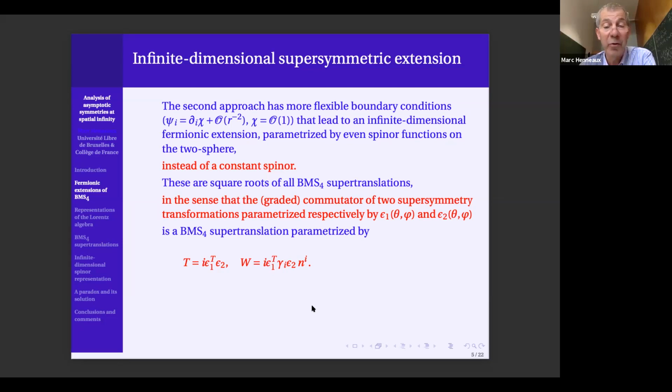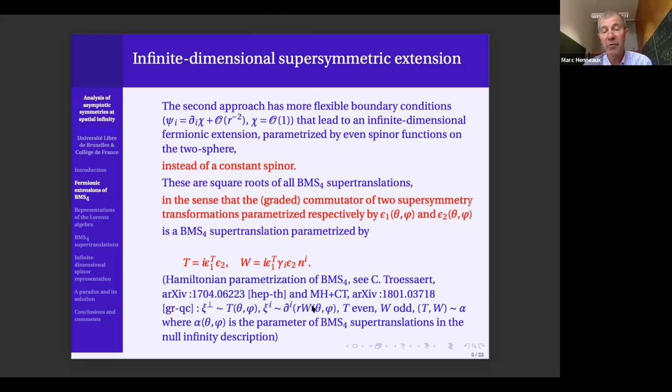This is the Hamiltonian parametrization of BMS4.